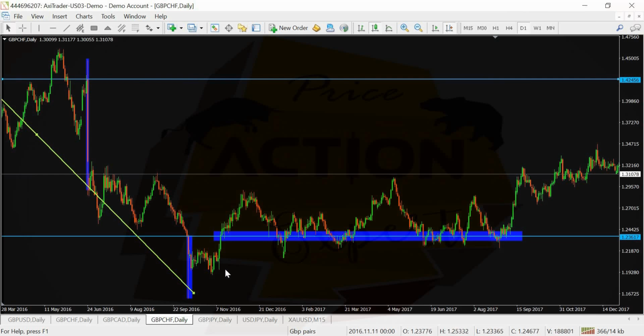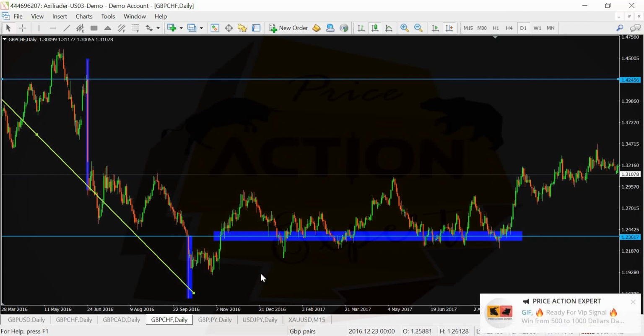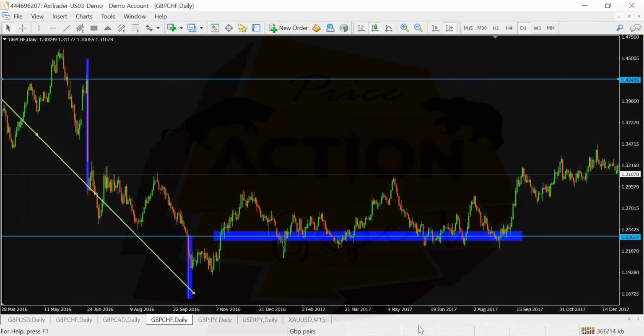So psychologically it works better. There is a reason. See, you cannot change the opening price of the day. The price can be modified or changed.